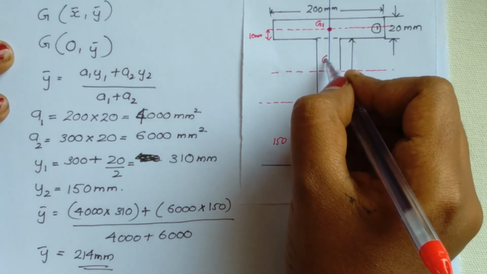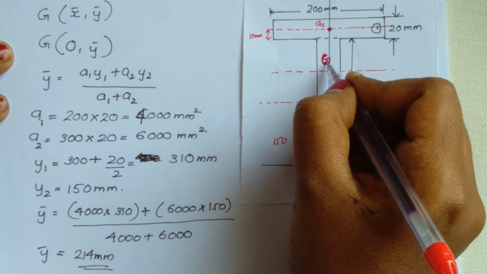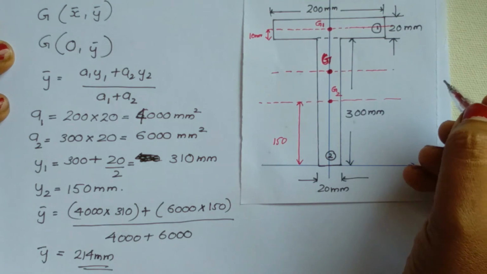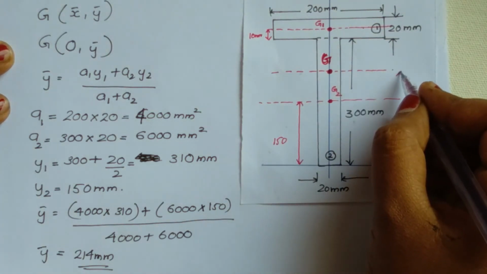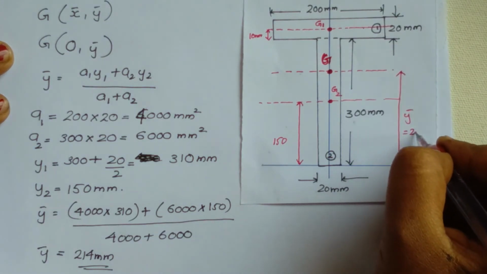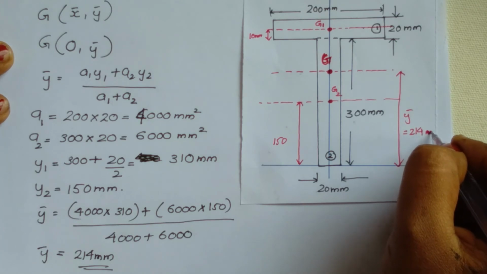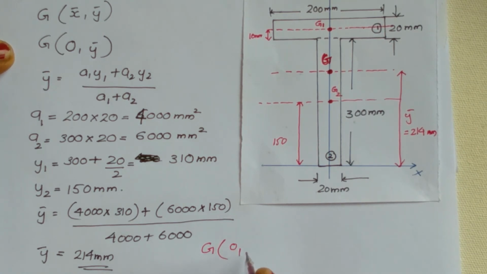So this will be the centroid of the T section. This distance will be equal to y bar, that is equal to 214 mm. So we can say that the centroid G is located at (0, 214). So this is the answer.